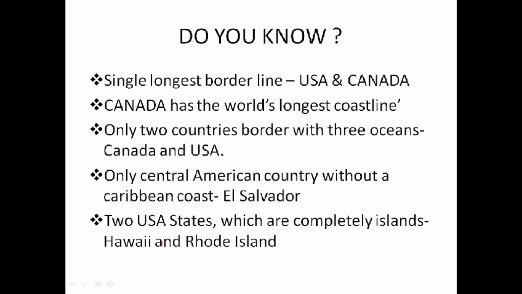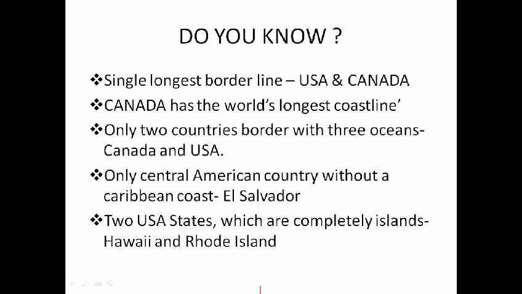How you will get accustomed to, or gain awareness about, the different countries and different interesting points related to North America. This is done in the form of quizzing. Do you know? Now please see.